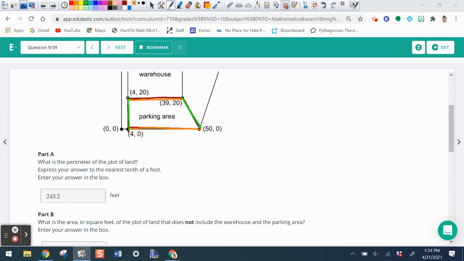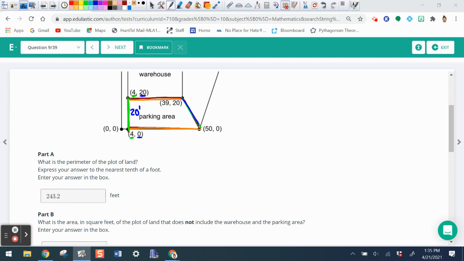So to find the distance of the fence along those sides, we need to find the distance of these 2 line segments. Now, this one's going to be a little bit easier for us because it's a vertical line. If we notice that our x-coordinate is the same value, but our y-coordinate is different, so all we have to do is, again, find the distance between the 20 and 0, which is 20. So we know one distance of a line segment is going to be 20 feet.